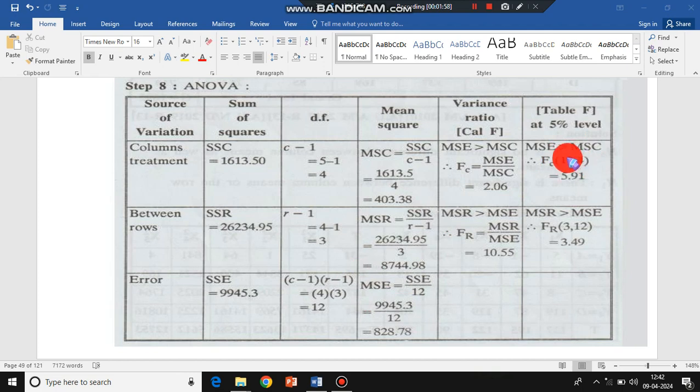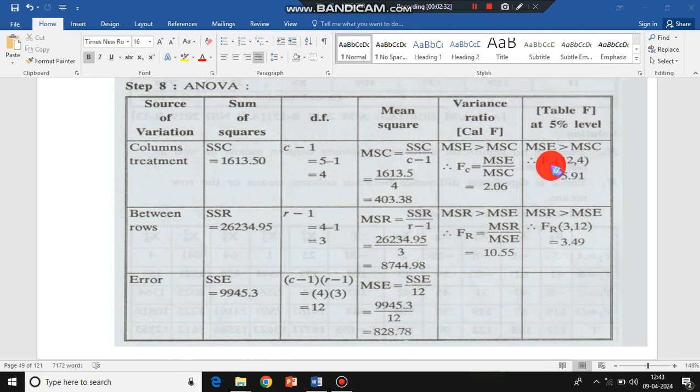In the first place, which is the numerator, we write its degrees of freedom; in the second place, the denominator's degrees of freedom. So that 12 we have to write in the first place of this bracket of the F table value.